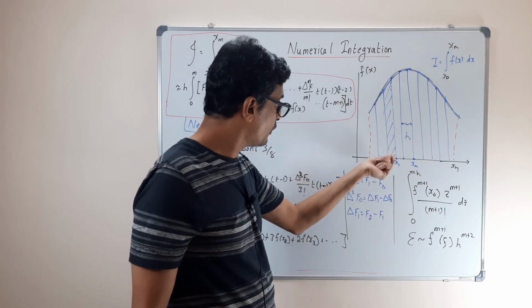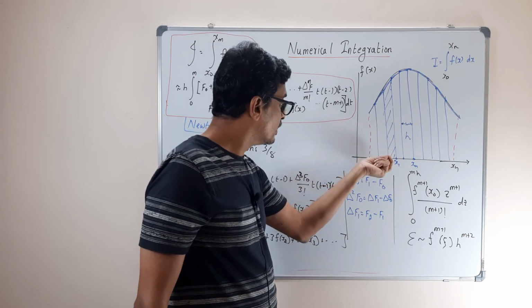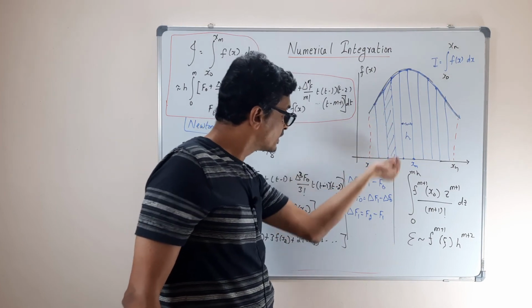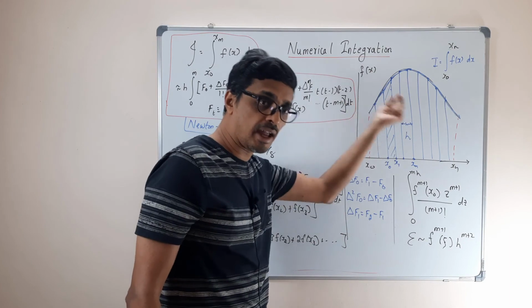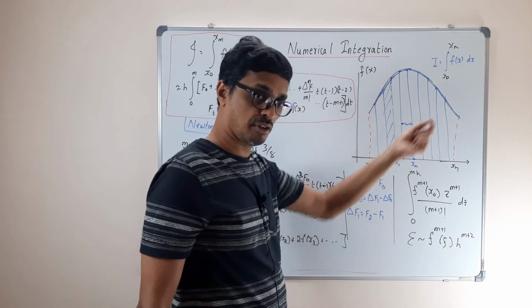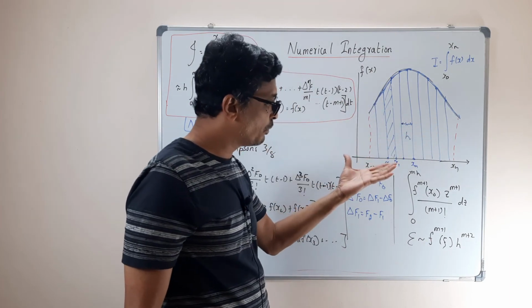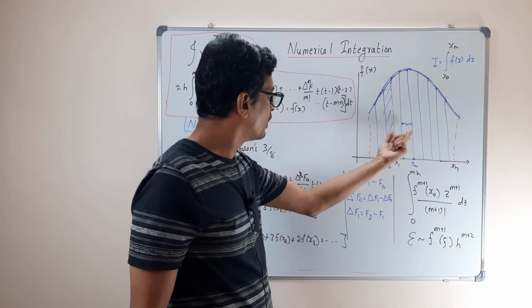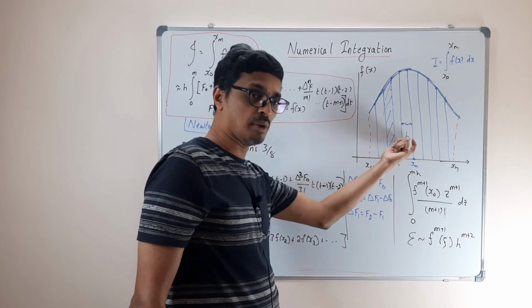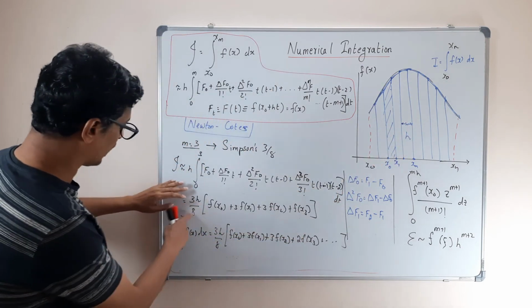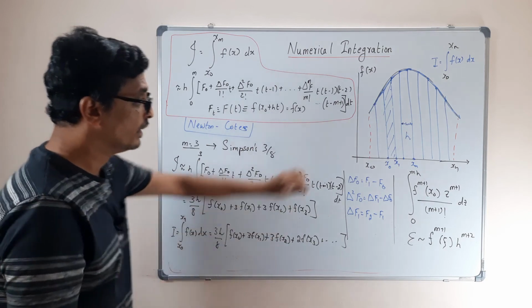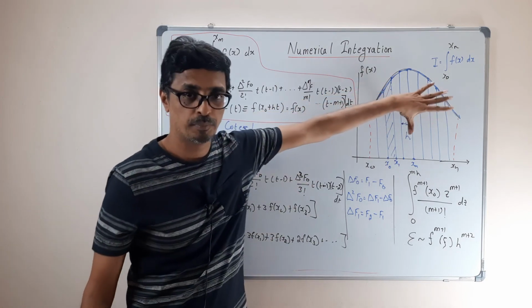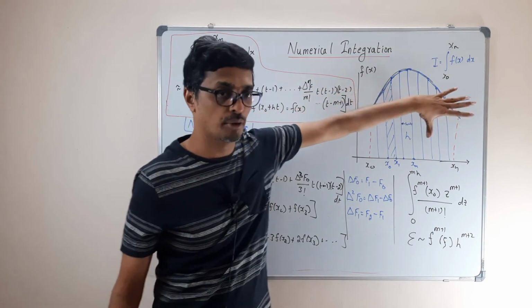But I will calculate the function at certain x values and use that to perform this integration. In other words, what happened is that we are fixing this h value and using all these constants like 3h by 8. If you allow it to vary somehow, the h I am not going to fix.